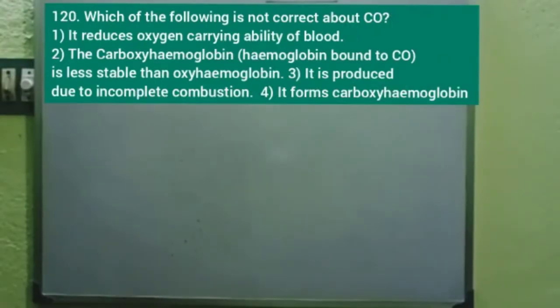As you know, carbon monoxide has more affinity to iron than oxygen, as it is a stronger ligand than oxygen. In oxyhemoglobin, 5 coordination positions of iron are occupied by amine group of protein, and the 6th coordination position is linked to oxygen.